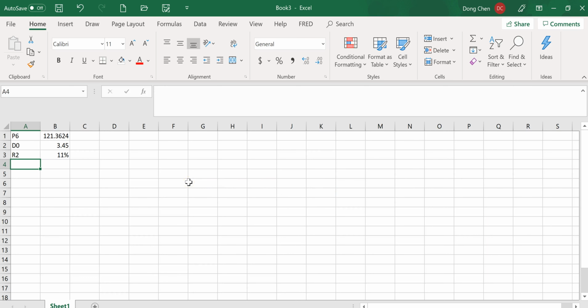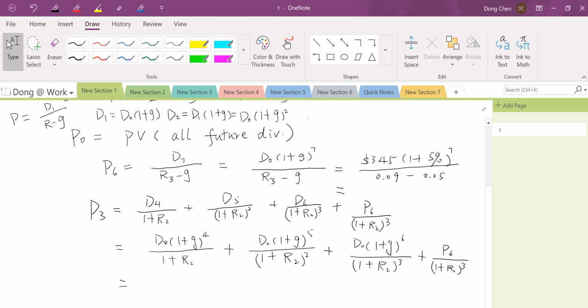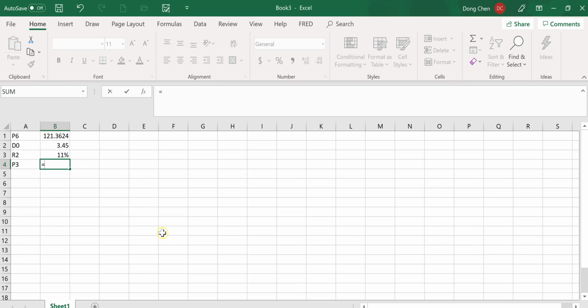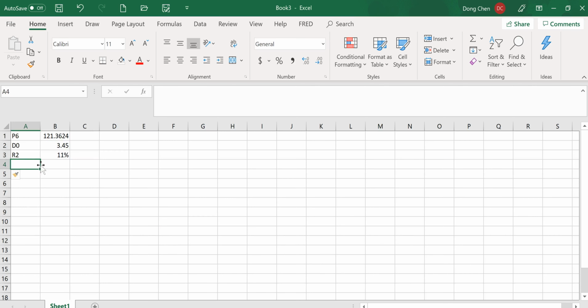So we can simply calculate P3. P3 equals, go back to our formula, it's D0 times, oh, I forgot this small g, that's 5%.